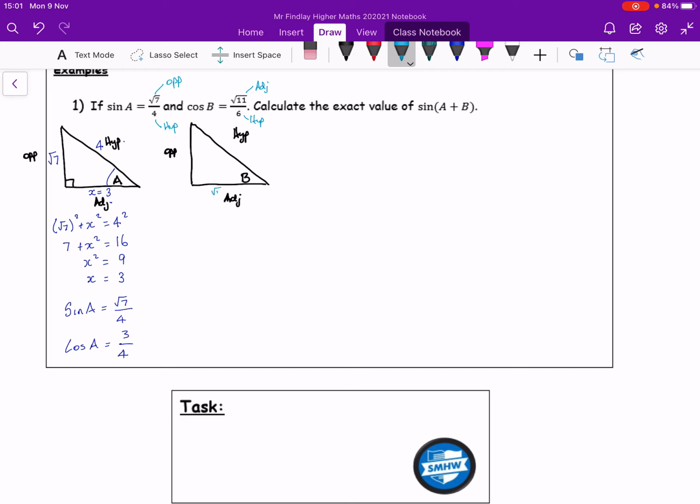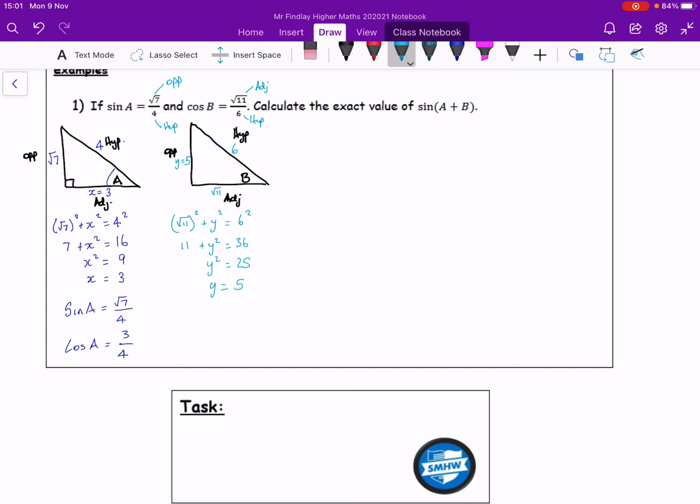So we have root 11, we have 6, and we have a missing side, which is y. Okay, so to calculate our y, we have root 11 squared plus y squared is equal to 6 squared. 11 plus y squared is 36. y squared is 25, so y is equal to 5.